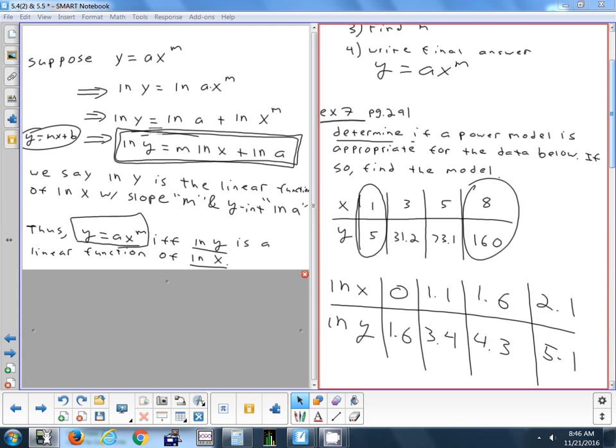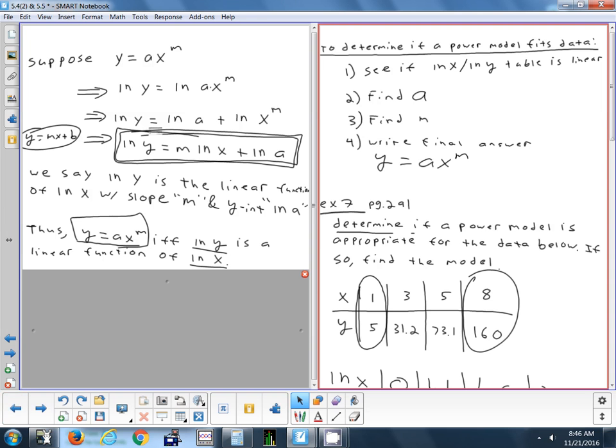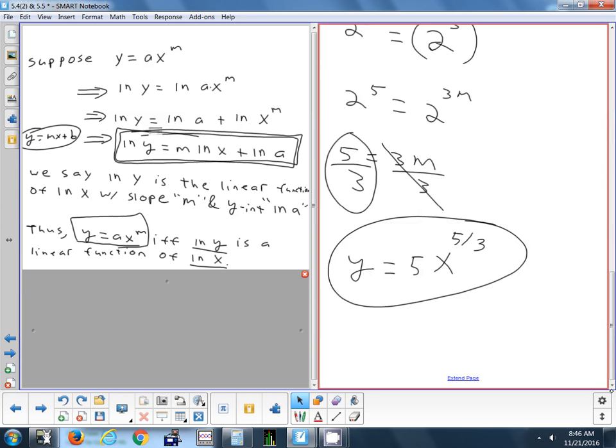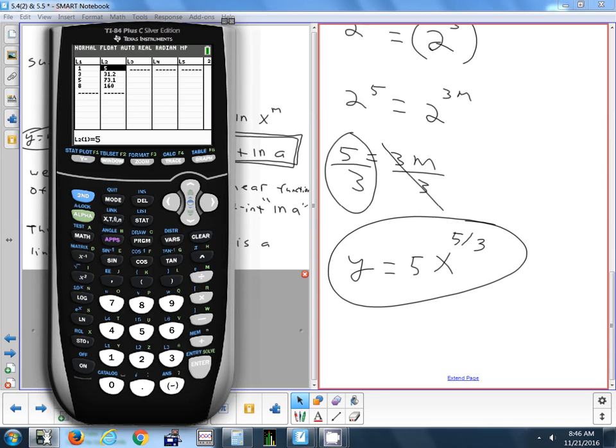All right, so now let me show you how to do the same thing on the calculator. In this part, I'm not going to write down all the steps, so if you want to write anything, you can. Or you can watch the video and just look at the steps. But step 1 is you have to type in all the data. I already have that.